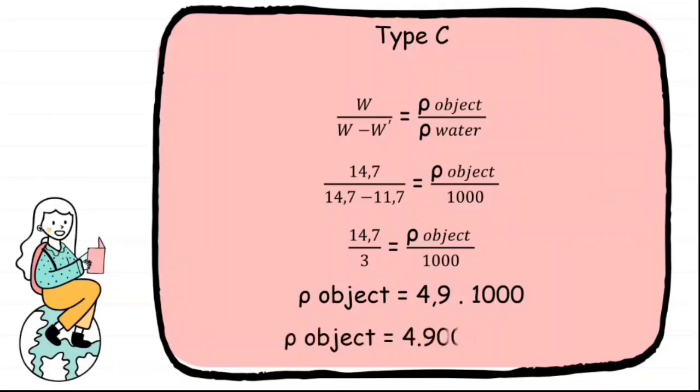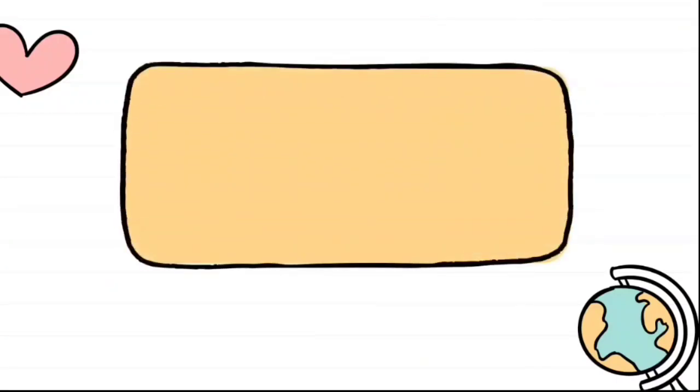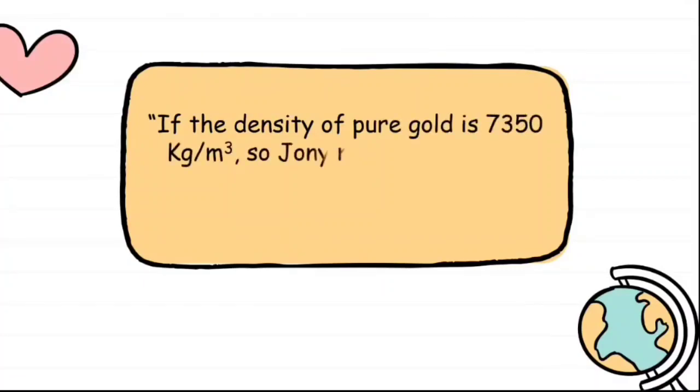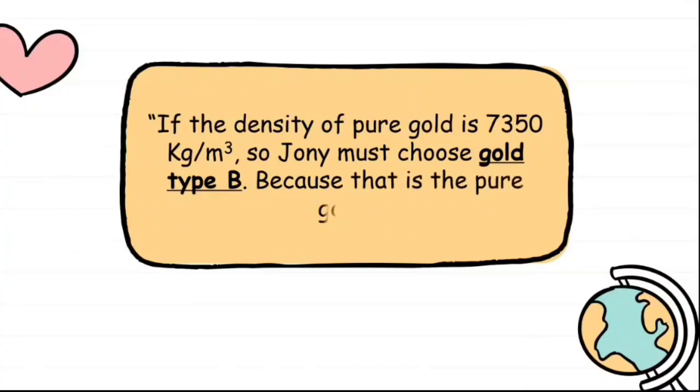The result of the rho object of type C gold is 4,900 kg per meter cubic. So based on the result, since the density of pure gold is 7,350 kg per meter cubic, Johnny must choose gold type B because that is the pure gold.